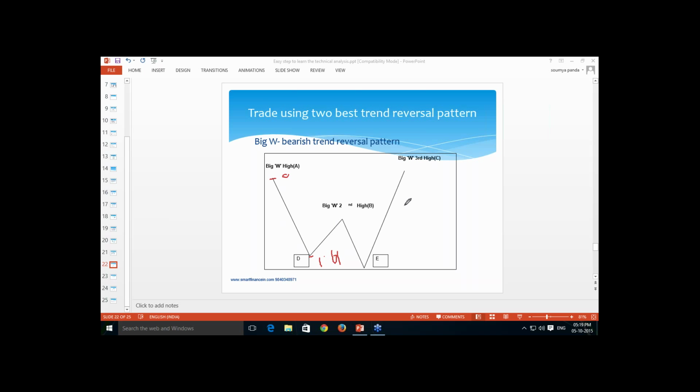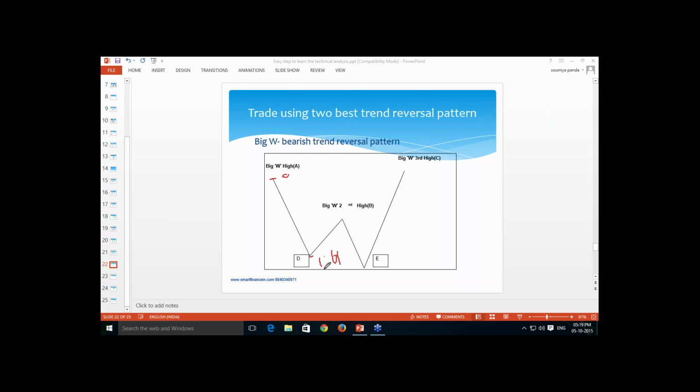That is the first thing you have to investigate: whether the fall from A to D followed any Fibonacci proportion. If it follows, then you have to sincerely follow the Fibonacci to find out.